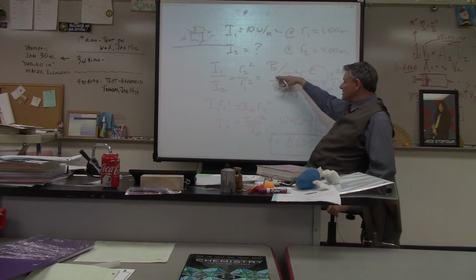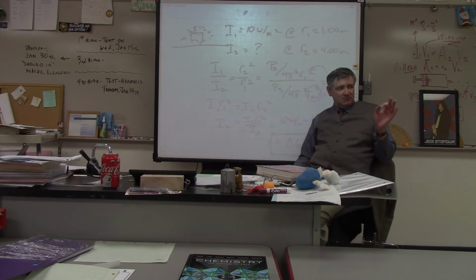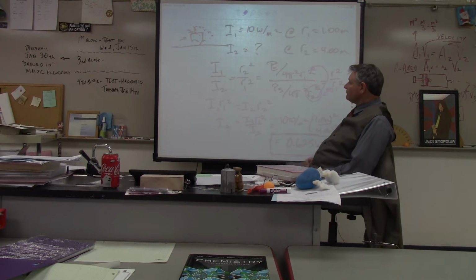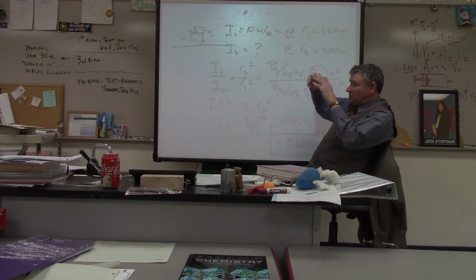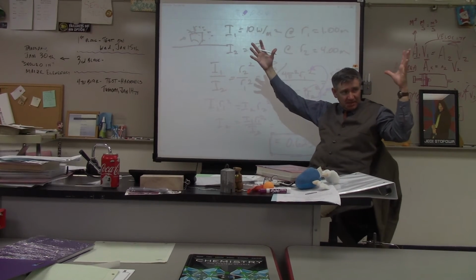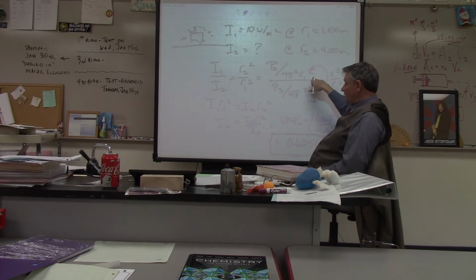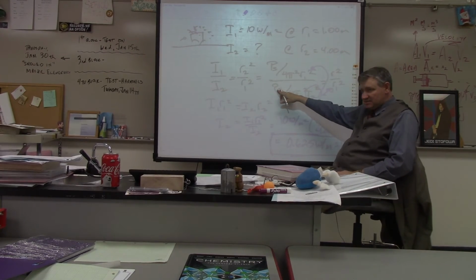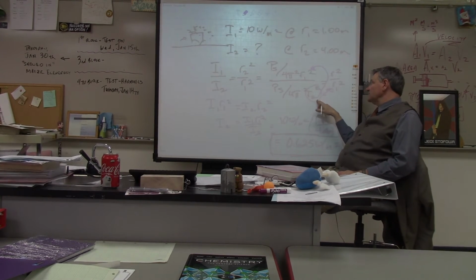If you wanted to calculate the actual intensity, this would be the power at the source. Because we're assuming it's emanating out in a circular path, this is going to be 4 pi R1 squared. And then the second intensity is going to be the same power of the source over 4 pi R2 squared.